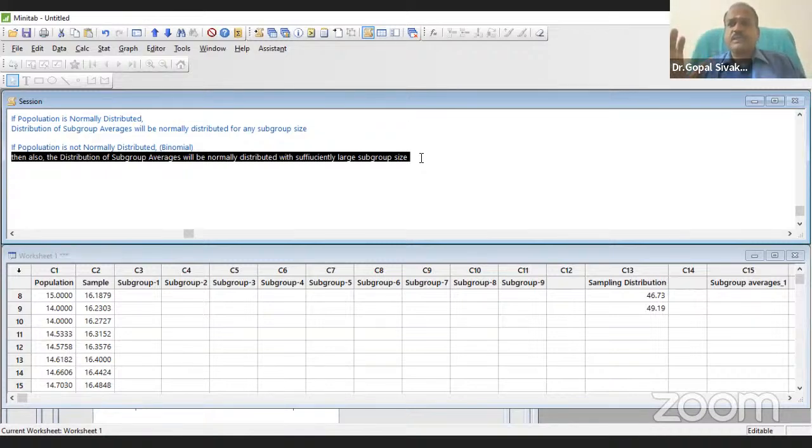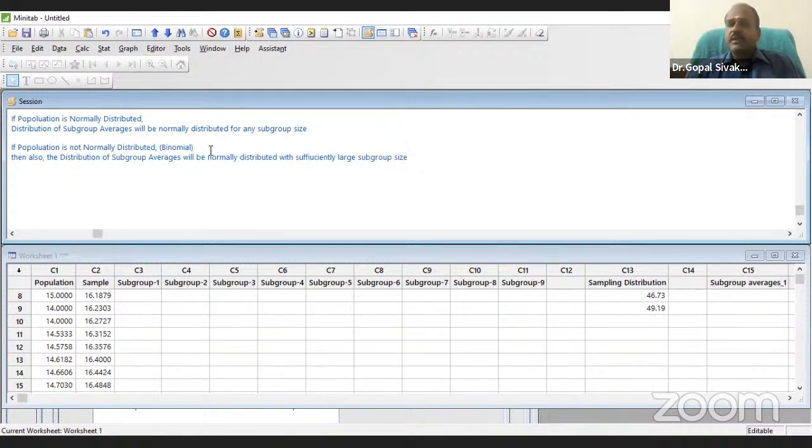If you understand this, don't worry about what kind of distribution your population is. Anyway, your sampling distribution is going to follow what? Come on, I expect you to answer sometimes, right? Population distribution is not known, but then also my sampling distribution will follow which distribution?